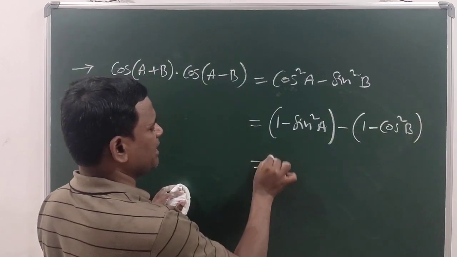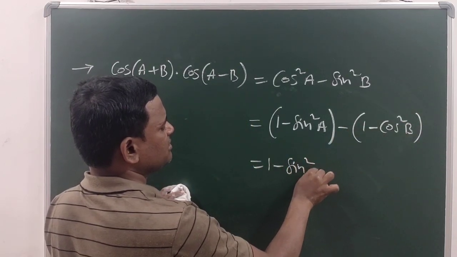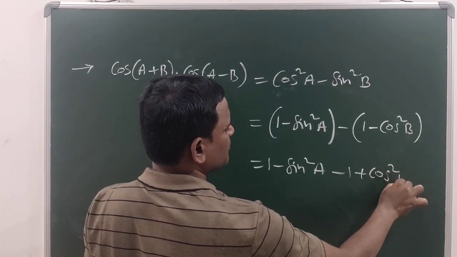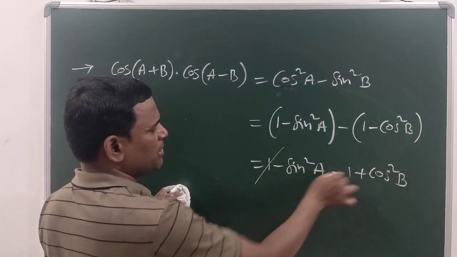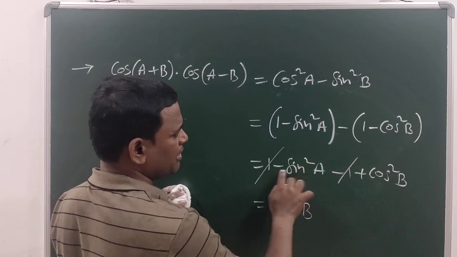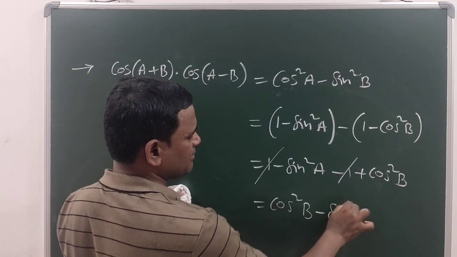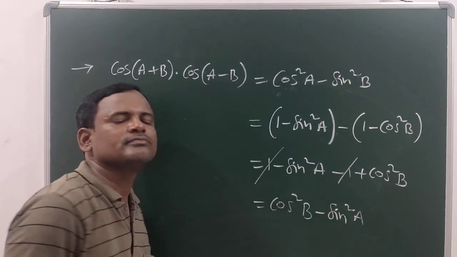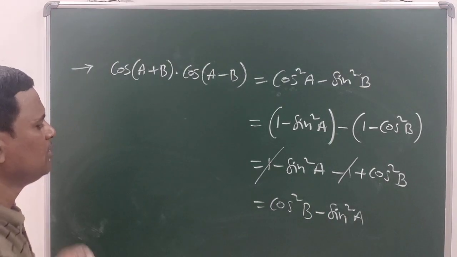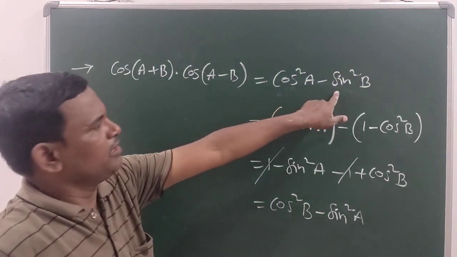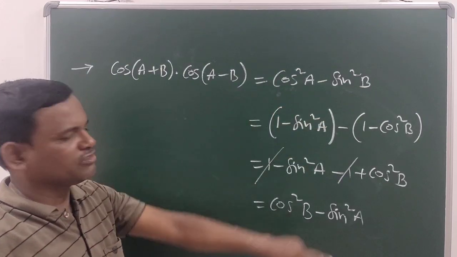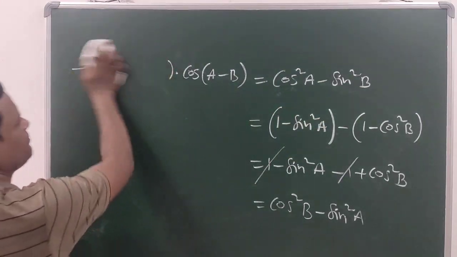Now open this bracket: 1 minus sin square A, so minus 1, minus into minus plus cos square B. So plus 1 minus 1 cancel, cos square B minus sin square A. Okay, so note down this: cos(A+B) into cos(A−B) equals cos square A minus sin square B, or cos square B minus sin square A.